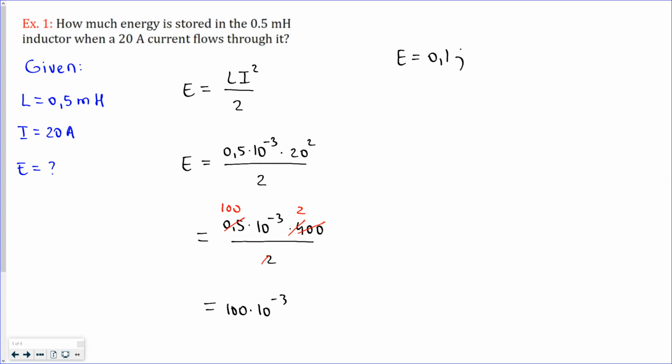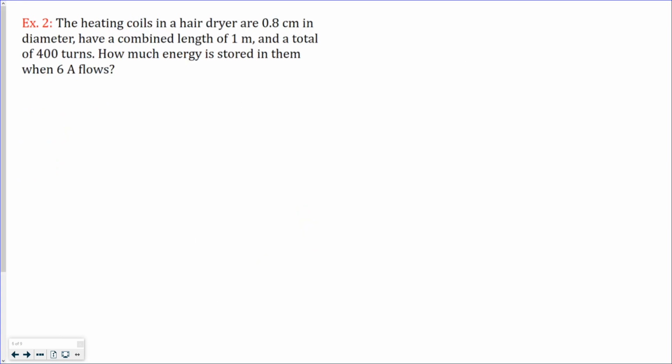As you see, this was an easy problem, so let's move to the second problem. What do we have here? We have a heating coil in a hair dryer that has a diameter of 0.8 centimeters. Let's write the givens.